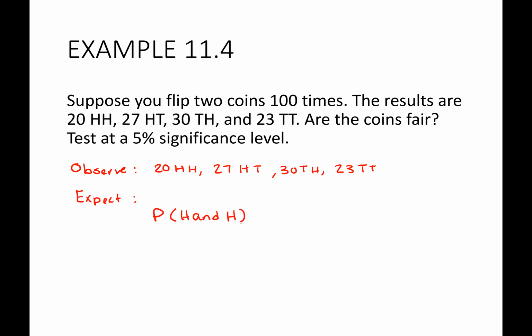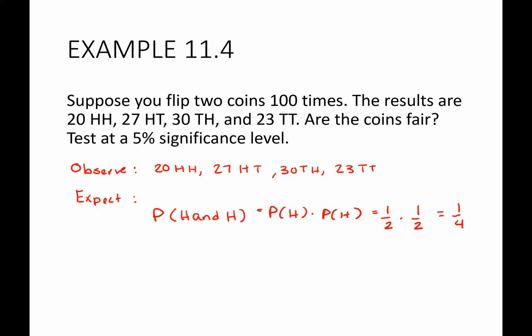Whatever happens with the first coin doesn't affect the second coin whatsoever. So since these are independent events, you multiply the two probabilities together. If you flip a coin, the probability of you getting a head is 1/2. The probability of the second one being a head is also 1/2. So the probability of getting two heads is 1/4.